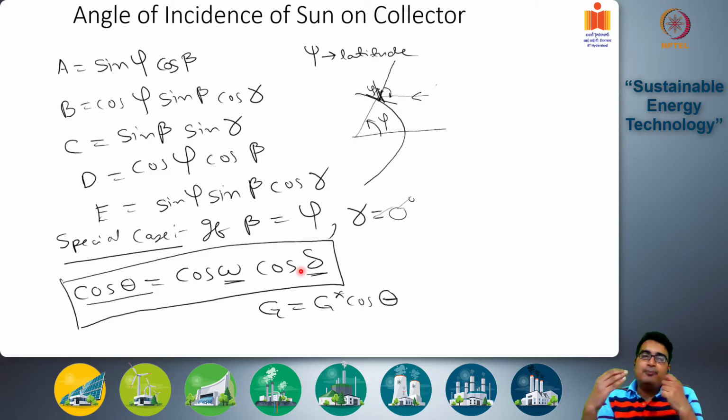And in many cases, this is the preferred orientation, because as we will show, the solar insolation values are highest when your flat plate collector is oriented at your local latitude angle value. For that case, this simple formula will work, and then your solar flux is the normal flux into cos theta. So G equals G star cos theta, as we discussed earlier.